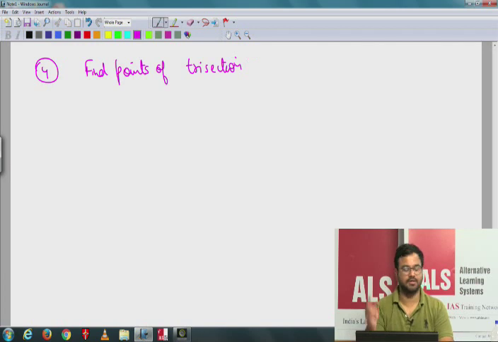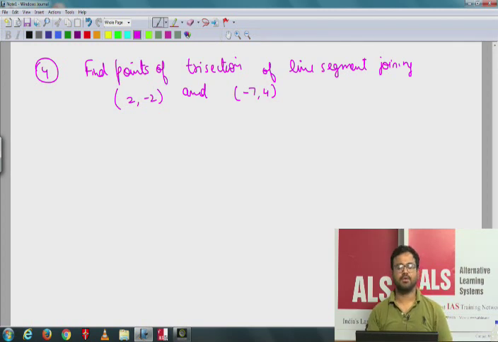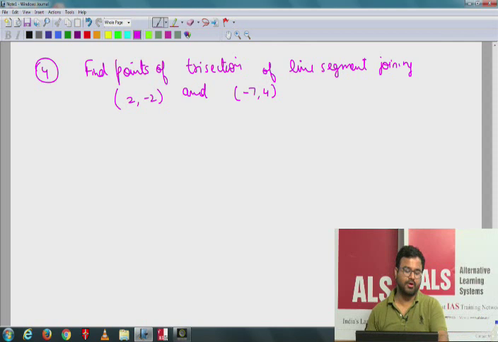Trisection means dividing in 3 equal parts of the line segment joining 2, minus 2 and minus 7, 4. Points of trisection. Sorry. So, you know how to do the points of trisection. We have just discussed this question recently. Do it.